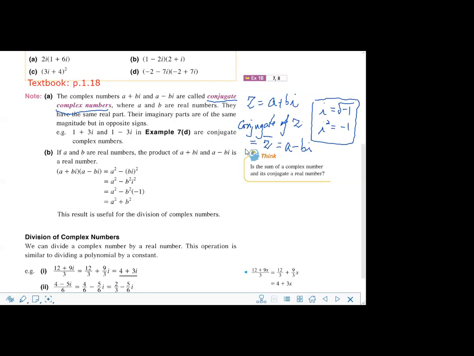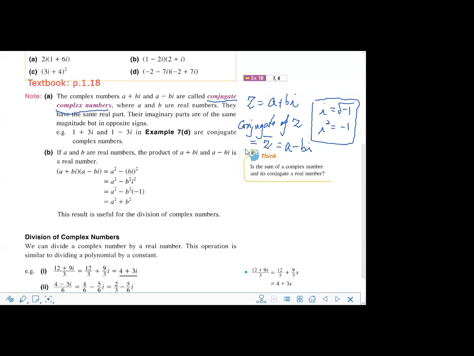The imaginary part is the opposite. If it is positive originally, then the conjugate will be negative. If the imaginary part is negative originally, then the conjugate will become positive.